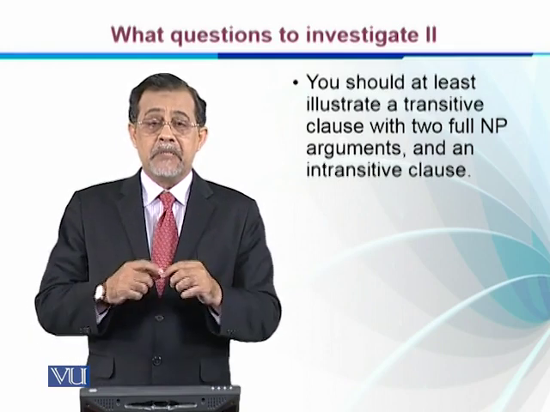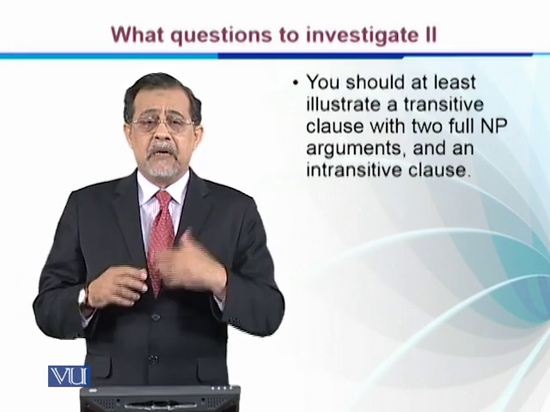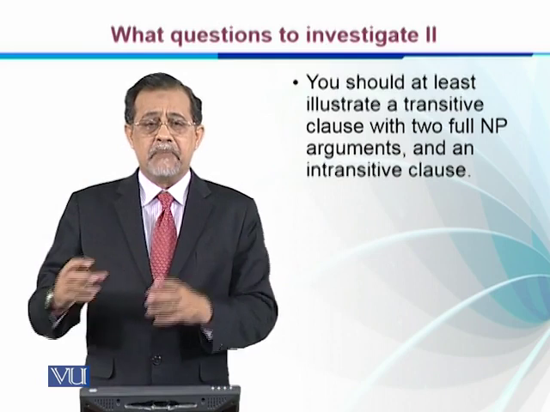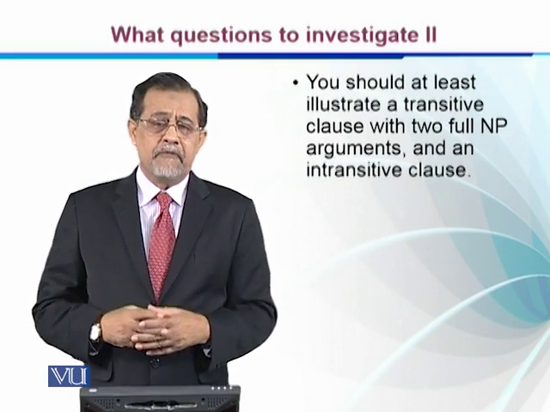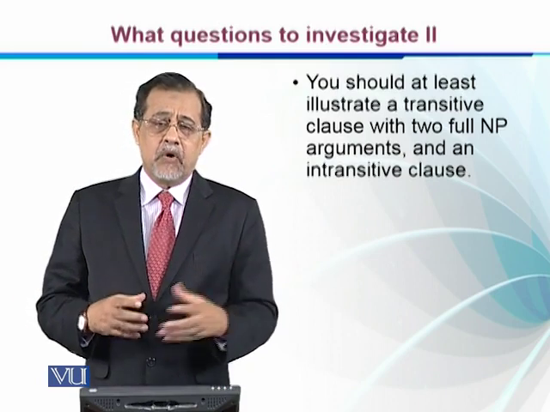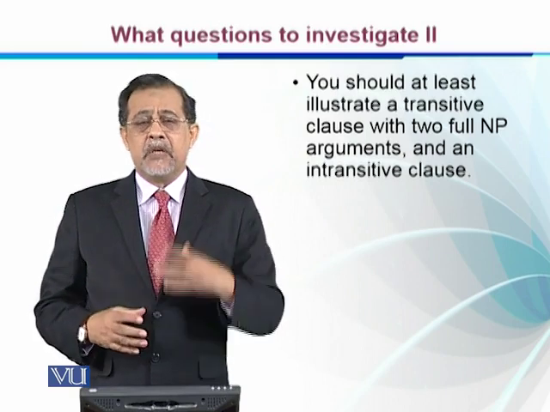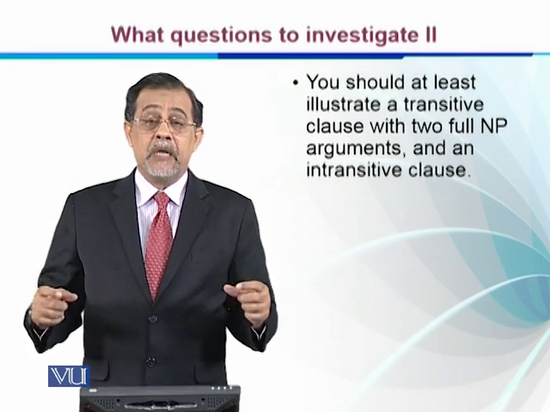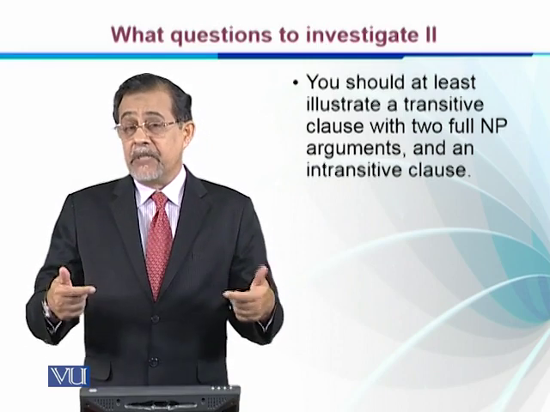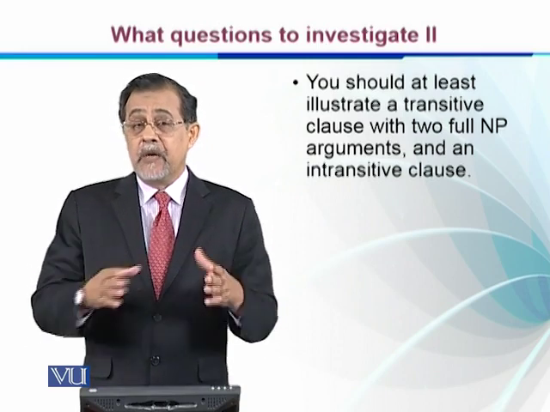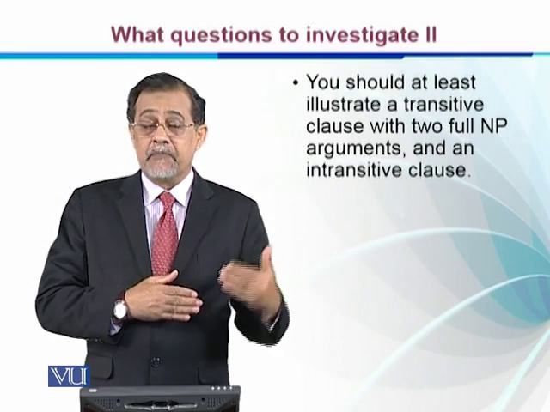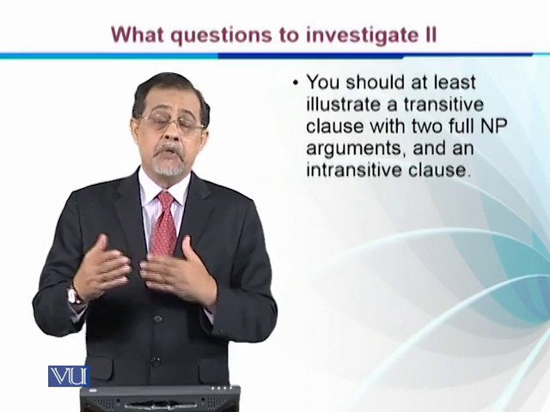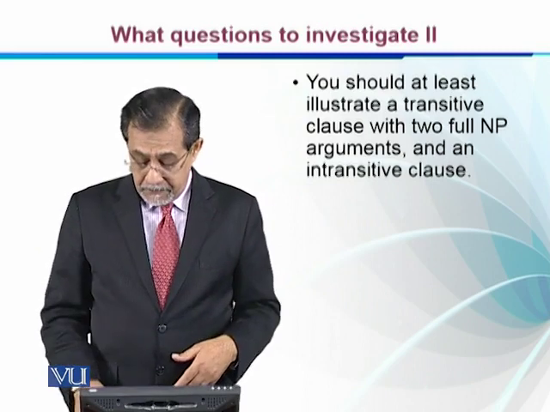So the simple way is to form a sentence in which we have a transitive verb that has two noun phrases, or a clause with an intransitive verb, to understand the linear order of the words in that language, how words are arranged, whether it's subject first or verb first or object first, etc.